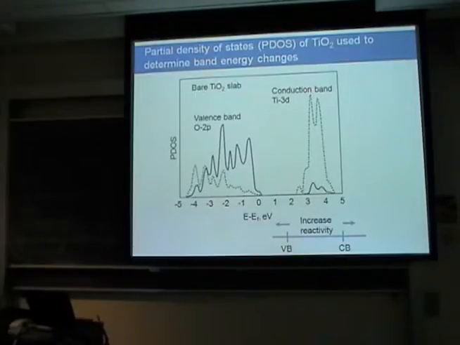All right, but remember, just as in the case of water splitting, when we have these electrons and holes, we're going to be doing two half reactions, one that involves the oxygen up here actually, and one that involves the volatile organic. There has to be a minimum charge separation, or a minimum energy separation, excuse me, in order for the reaction to go in the direction that we want.